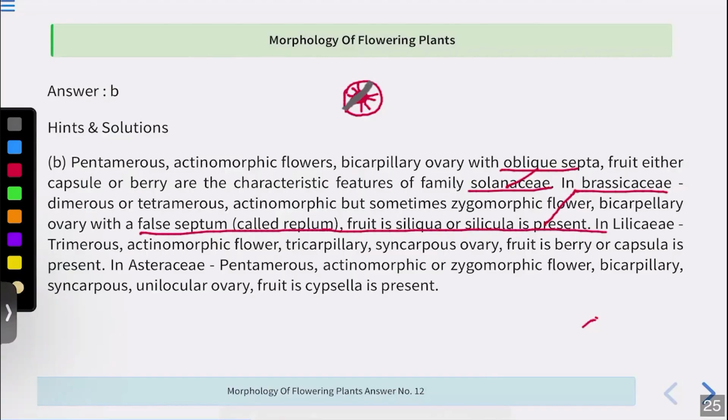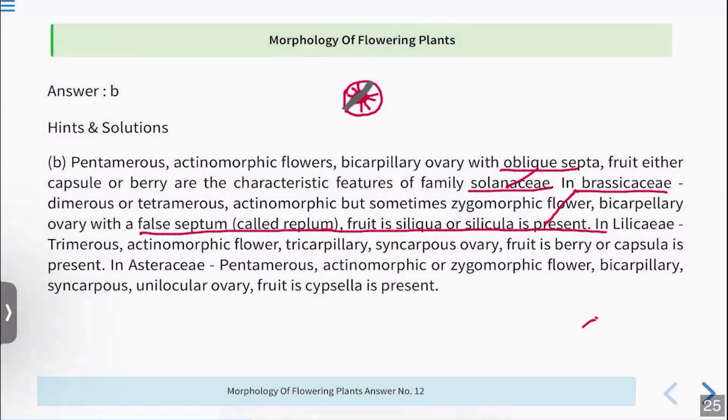You should always keep them in your mind whenever you are thinking about these families, their flowers and their fruits, because NCERT mentions these terms as they are, and the examiners put them in the questions as they are without any change. Okay. We'll move on to the next question.